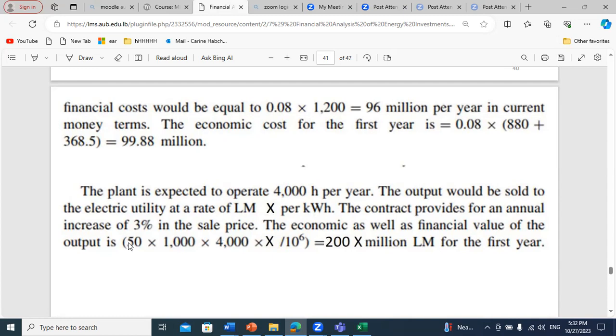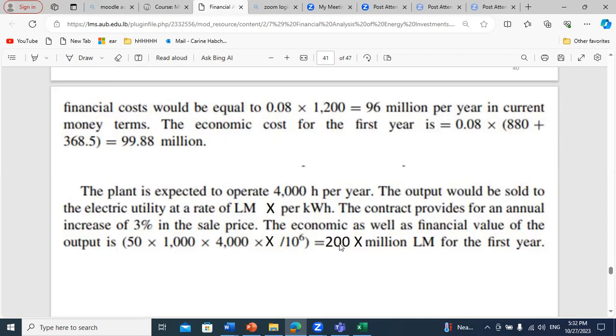So if we multiply 50 by 4,000, we get the value in megawatt hour. Since we want it in kilowatt hour, we multiply by 1,000. Then we get the corresponding value. And since we want to express the gain in millions of local money, we divide by 10 to the power 6.